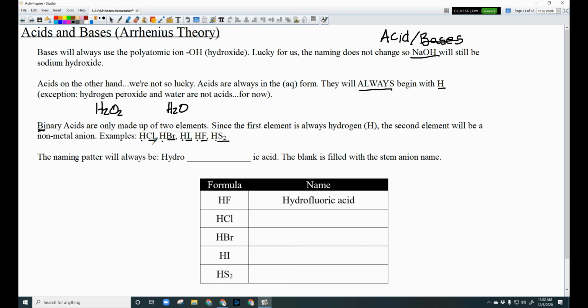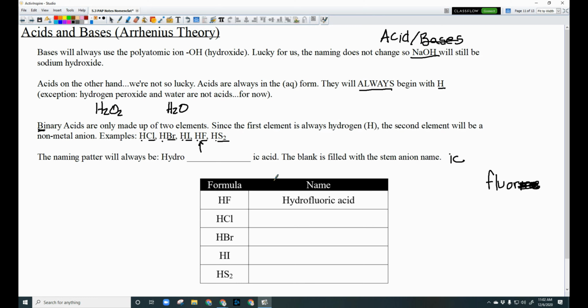Here it uses fluorine as the example. So hydro, because it's hydrogen plus an element, and then fluorine, but we're going to change the ending. If it's an acid, take off the ending and add ic.